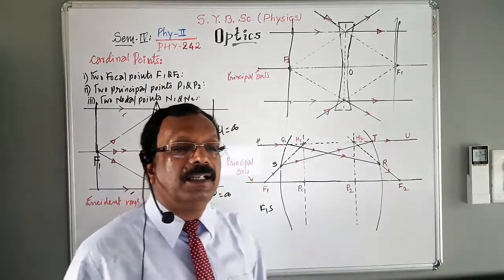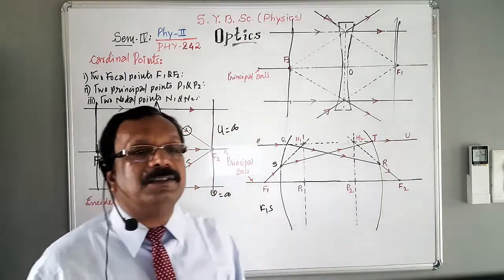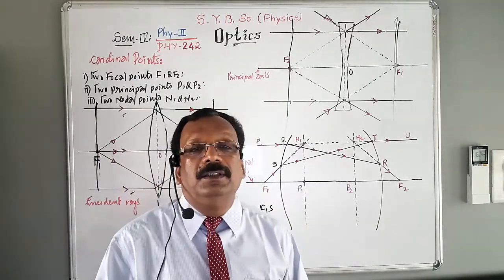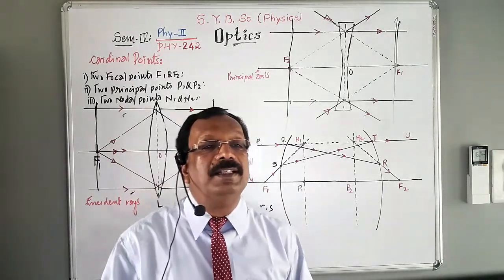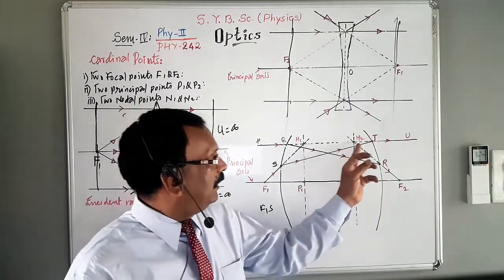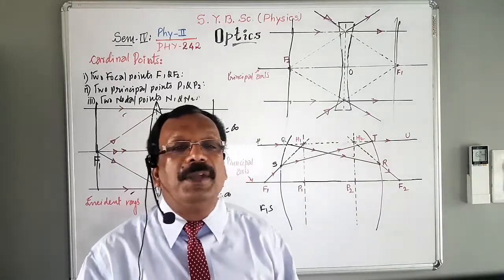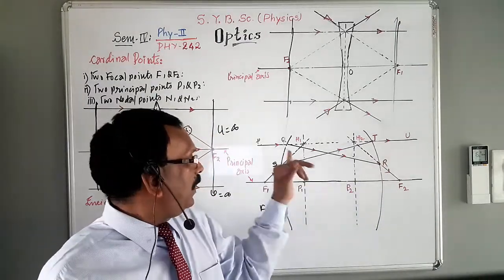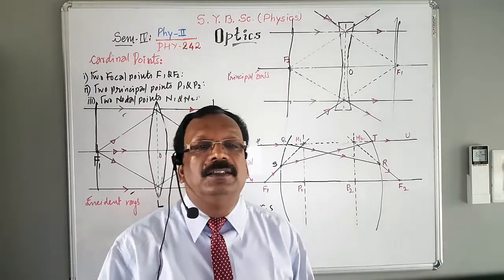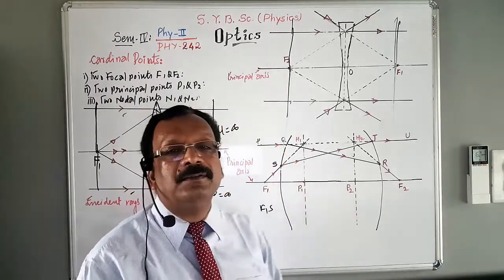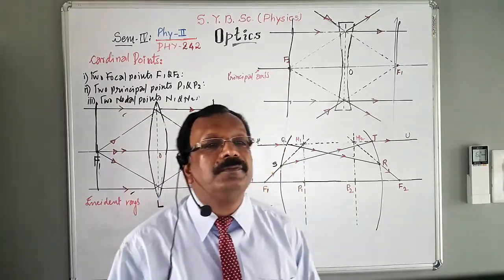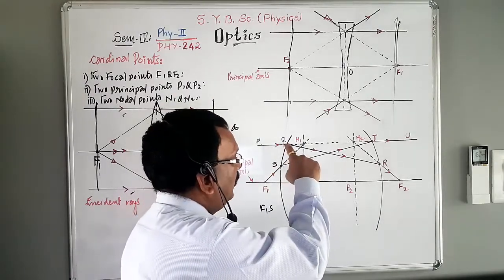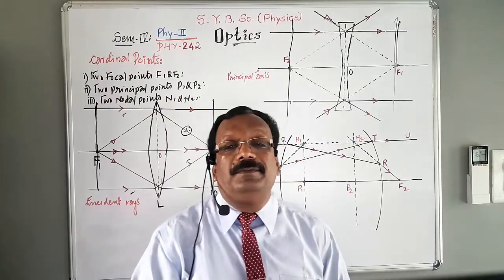So consider another ray F1S starting from the focal point F1 of the lens. After refraction through the lens, it emerges along the direction TU, parallel to the principal axis at the same height, that is the height of the point Q from the principal axis.